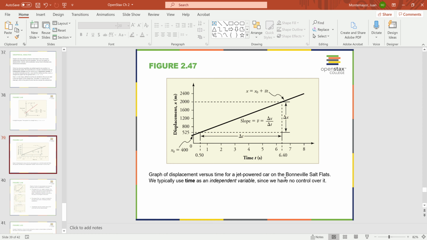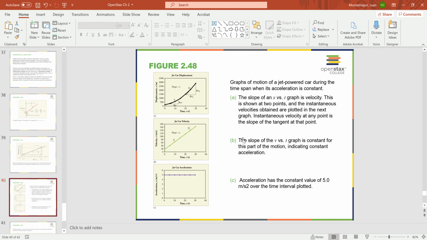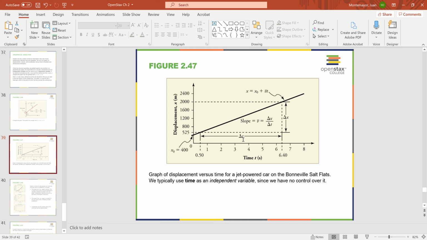We do not have any control of time, while your displacement, your velocity, and your acceleration will have to be on the y-axis here. And as you can see, for this figure, we have our displacement versus our time. So displacement is on the y-axis, time is on the x-axis.